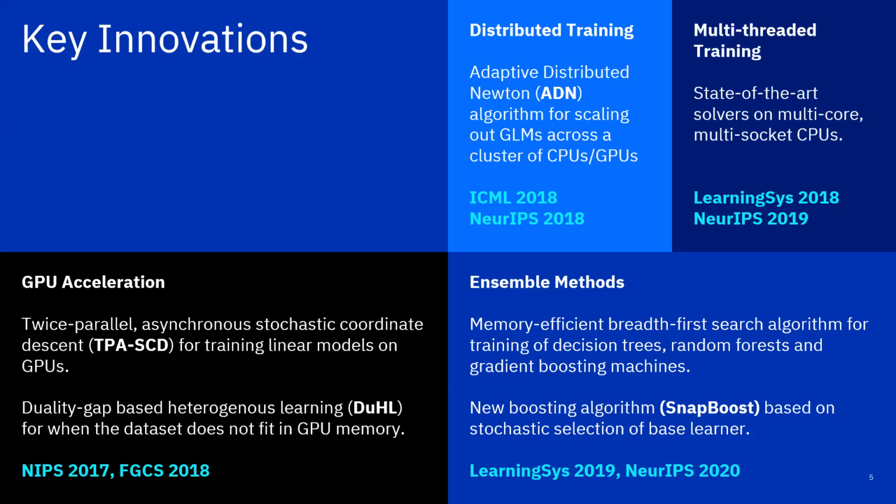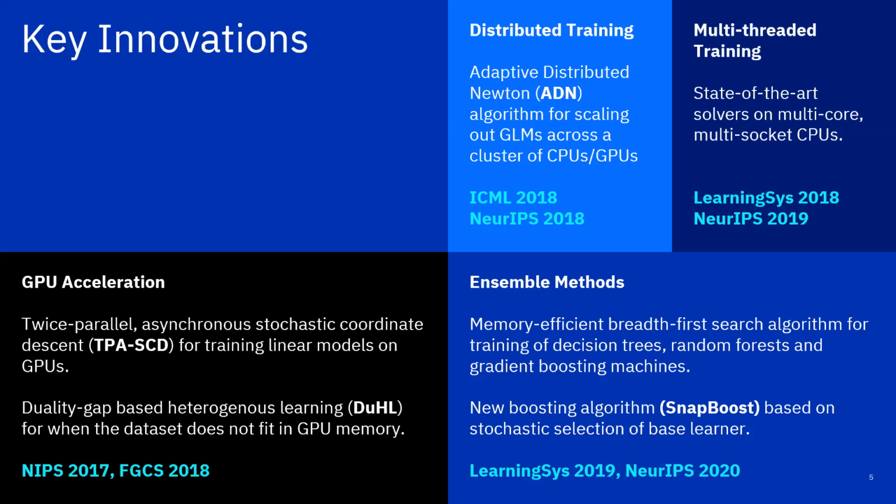Again, the idea is how can we train generalized linear models as well as other models very fast on modern CPU hardware. And finally, that brings me to our current work and very recent research, which is around ensemble methods.